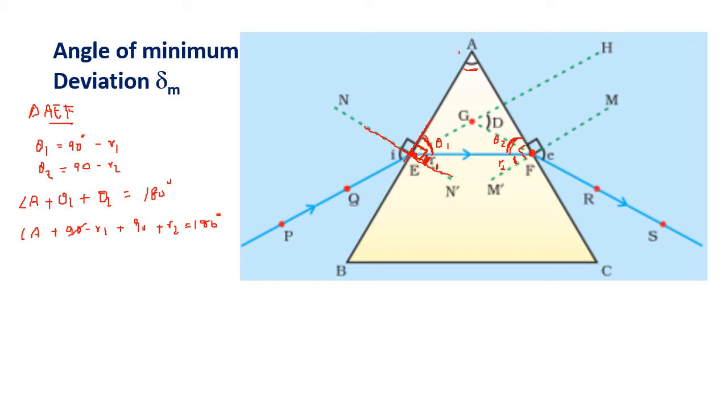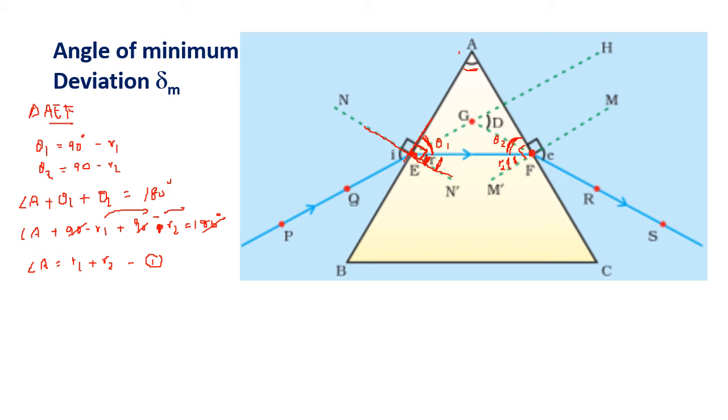So 90 plus 90 is 180, gets cut. So angle A is equal to R1 plus R2. Okay, this is equation 1. Angle A is equal to R1 plus R2.